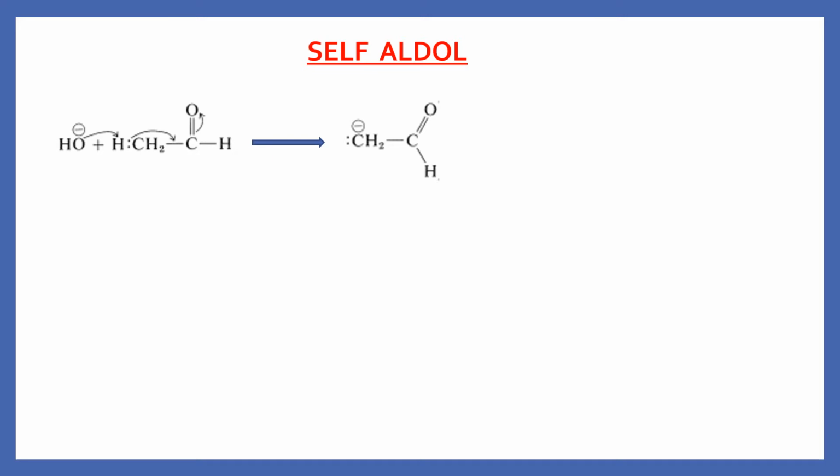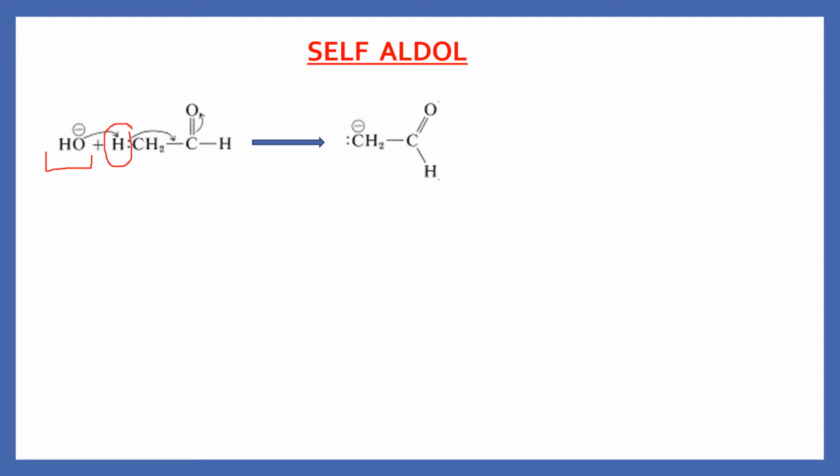Let us understand self-aldol first using the example of ethanal. Here alpha hydrogens are important because alpha hydrogens are acidic in nature. That is why we say that for making aldol, alpha hydrogen should be there in the carbonyl compound, because when the base comes, we are taking dilute NaOH, it is going to abstract the alpha hydrogen.